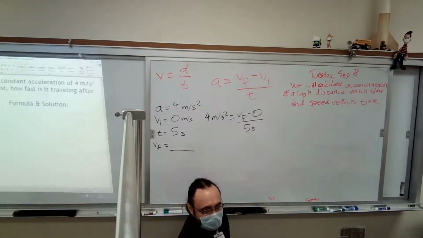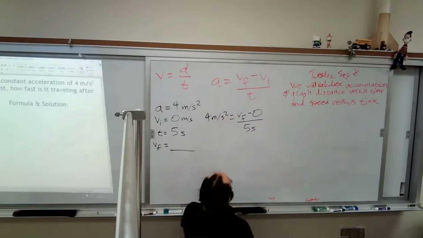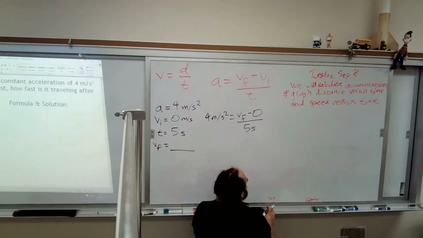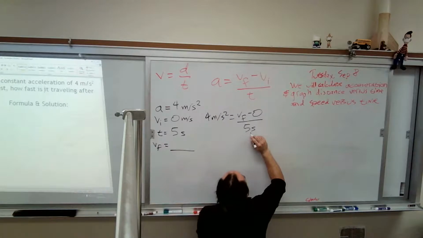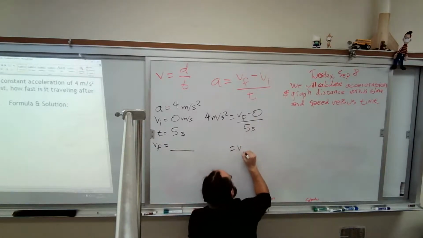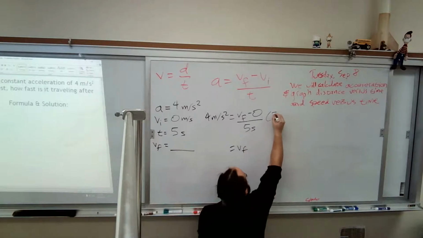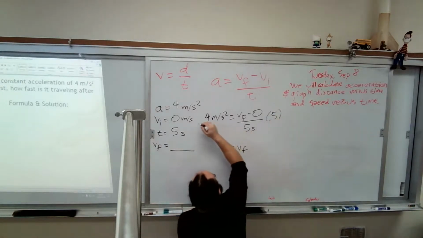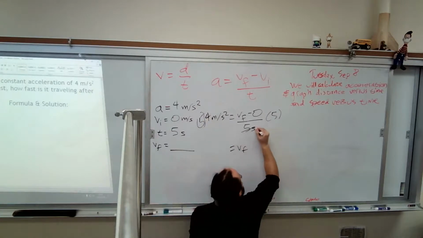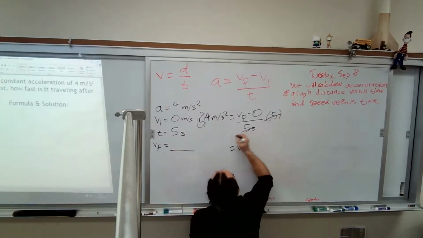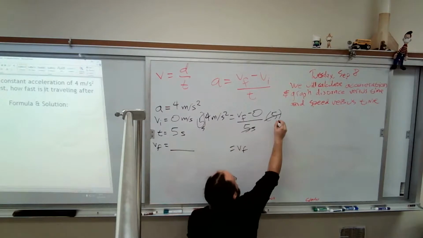So to make this 5 cancel, we need to multiply both sides by 5 first. Multiply both sides by 5. One on bottom, one on top. Oh, and that's 5 seconds.